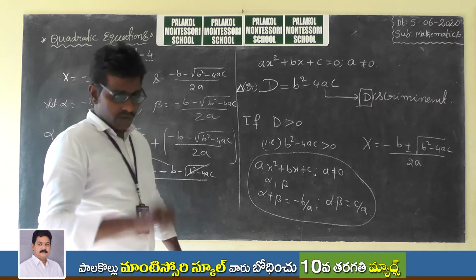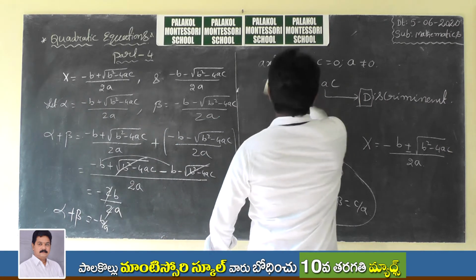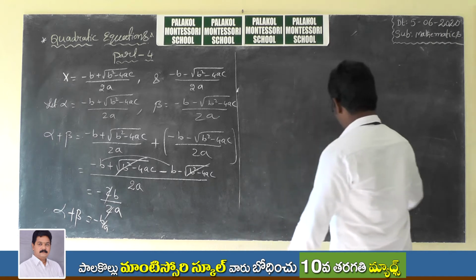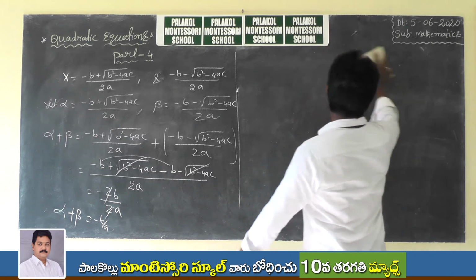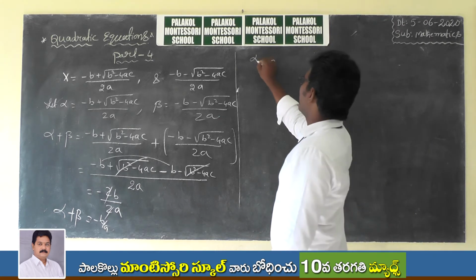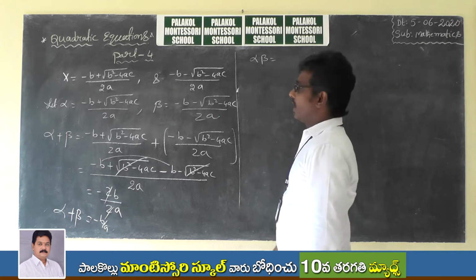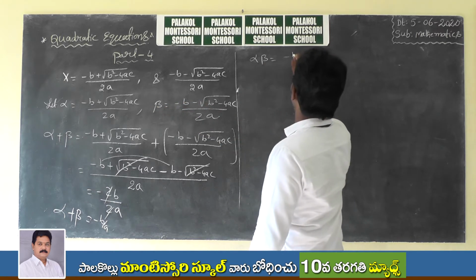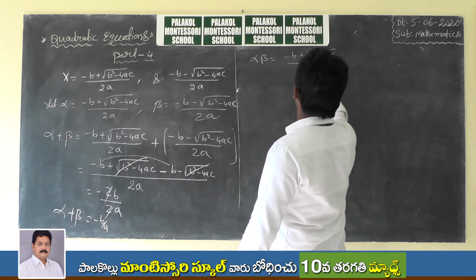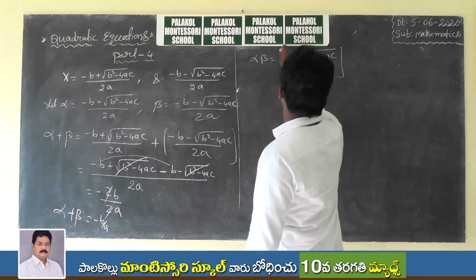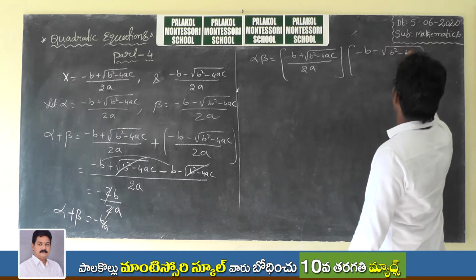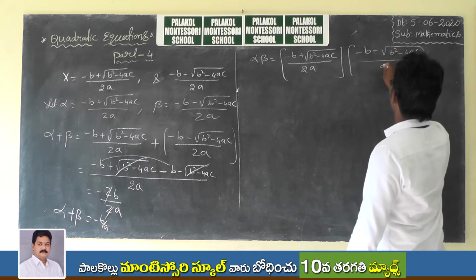Next one, the product of the roots. Product of roots, alpha into beta. Here the alpha value is minus b plus root of b square minus 4ac by 2a, times minus b minus root of b square minus 4ac by 2a.